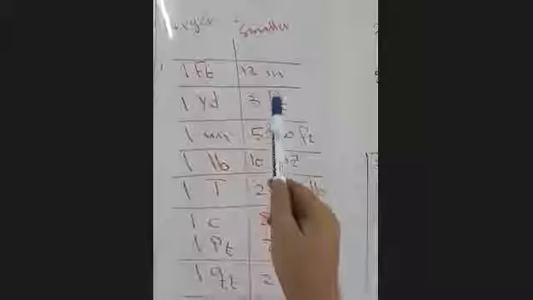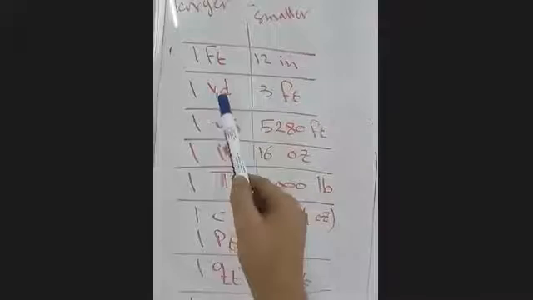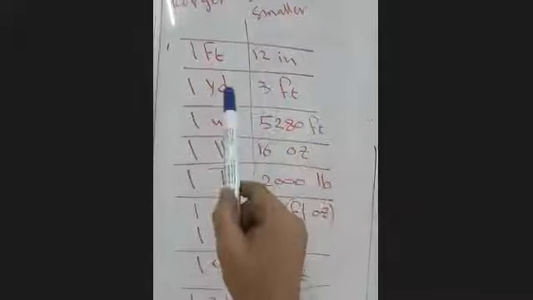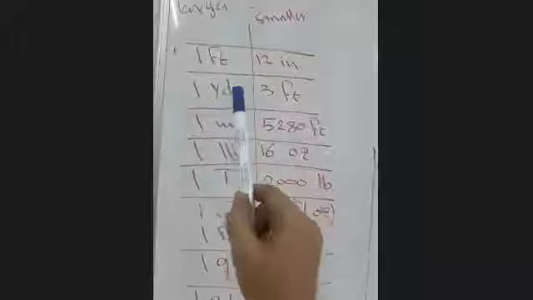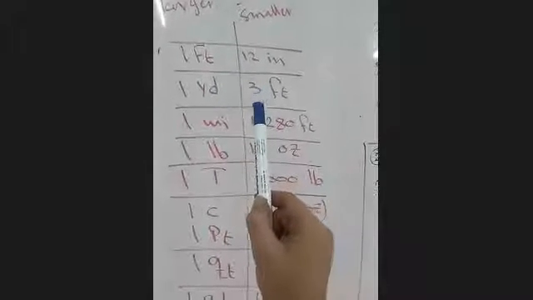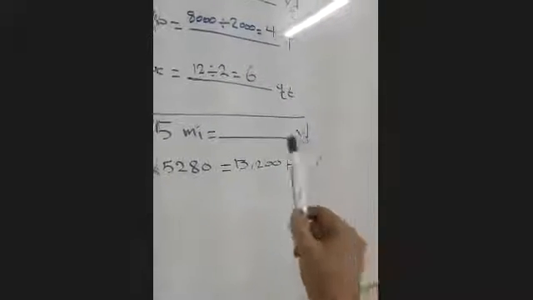Now, I have the feet. I can turn from feet to yards, from smaller to larger. From smaller to larger, we divide. So now, we don't multiply by 3, we divide by 3, because I want to turn from feet to yards, because the question wants the answer in yards.